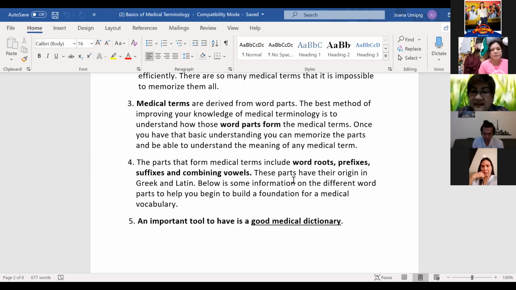Once you have that basic understanding, you can memorize the parts and be able to understand the meaning of any medical term. So the parts that form medical terms include, one, the word roots or root words. Prefixes are the starting part, the before.